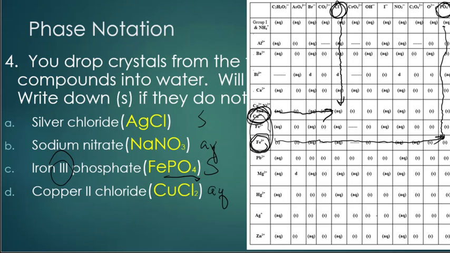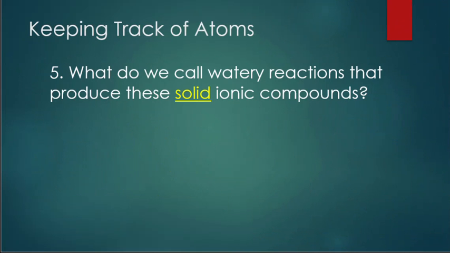All right. So, usually when we're dealing with these kinds of reactions, we are dealing with two aqueous solutions that we pour together. When that happens and crystals form, we call it a precipitation reaction. I've heard that word before, precipitation. When you hear of something precipitating, what do you think of? Falling.